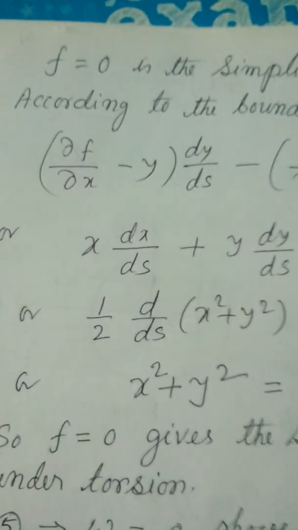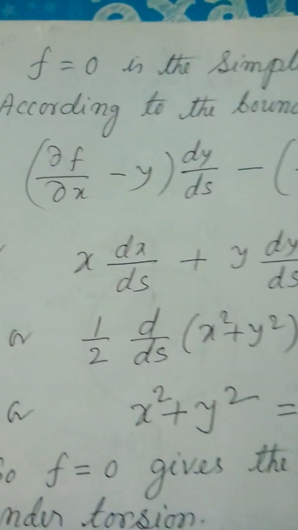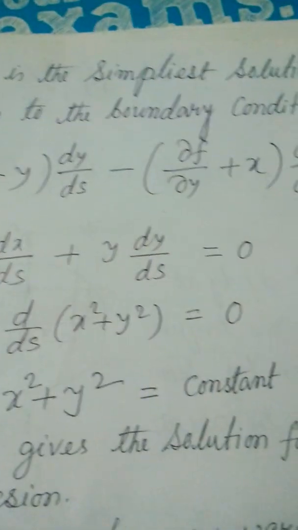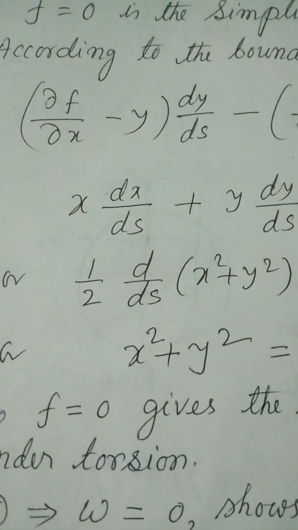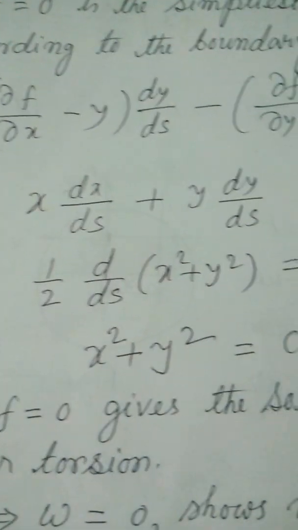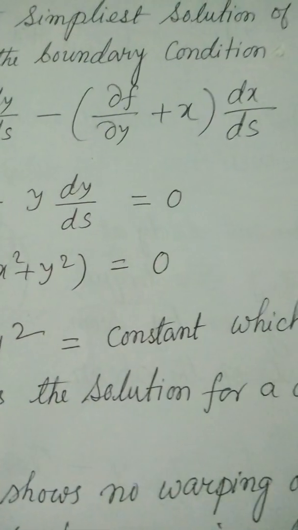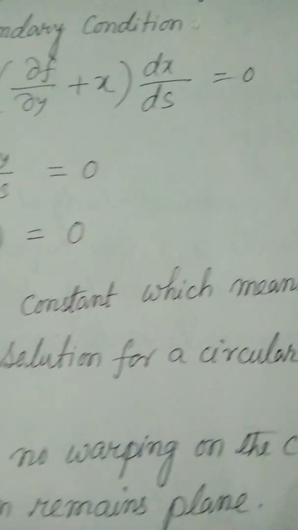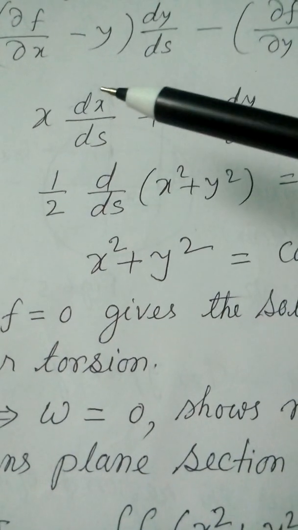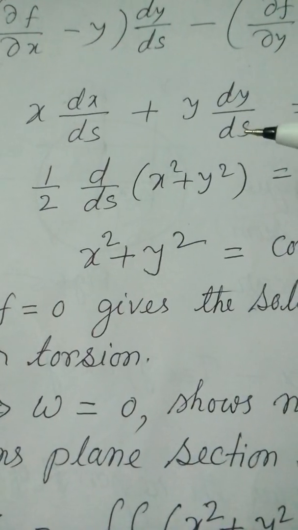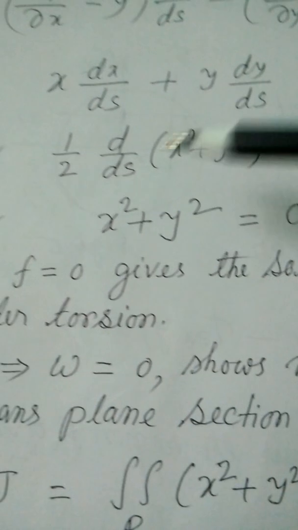Now according to the boundary condition, if f is equal to 0, what we are getting? We are getting x dx by ds plus y dy by ds is equal to 0. What does it mean?